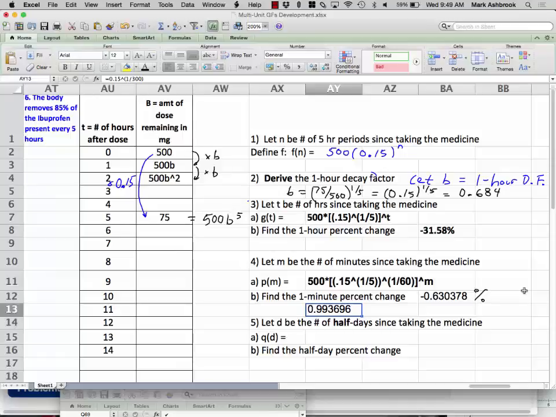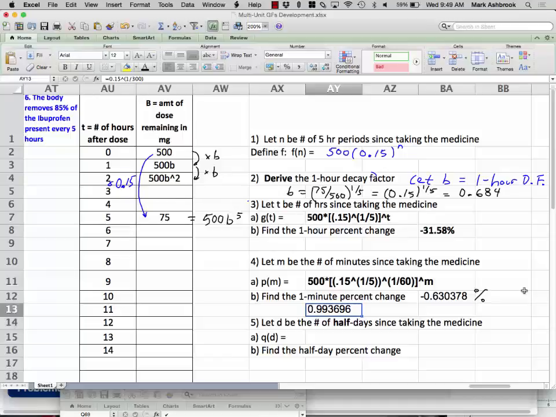You take 5 hours and you use the 1 hour. How about the 1 hour? Use the 1 hour. So you just set the 1 hour to 0.5. Oh, half day. Sorry. 12.5. Not 12.